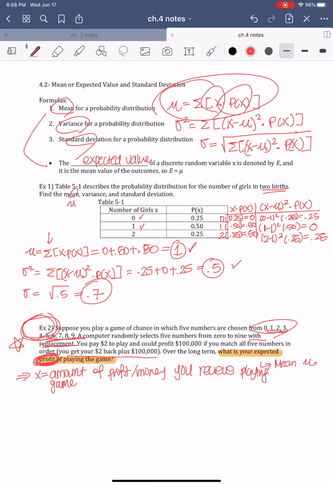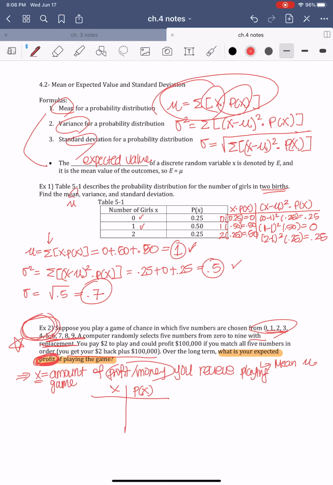Because the problem asks you to find the expected profit, your x has to deal with the profit or the money. So let's draw the chart then. Create the PDF table: x and P of x. So x is the amount of profit or money you receive during the game.